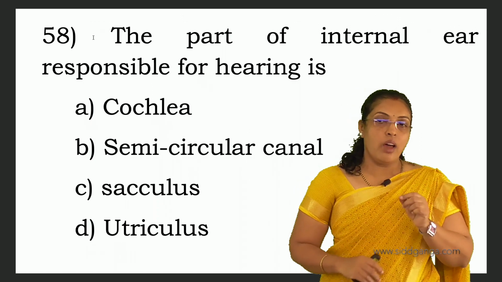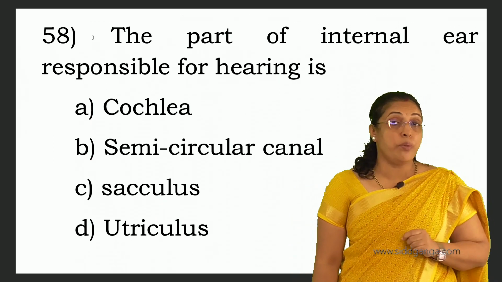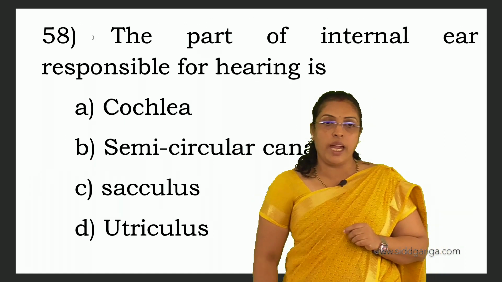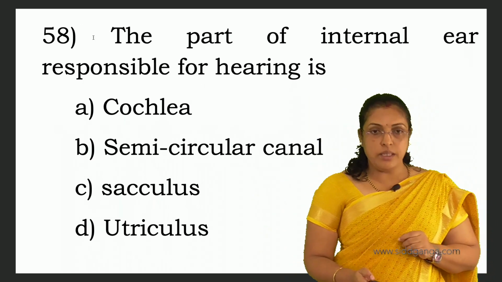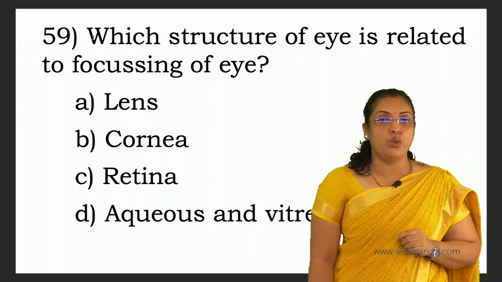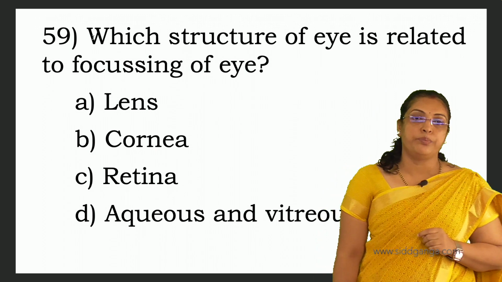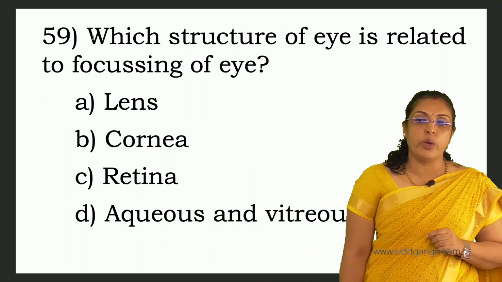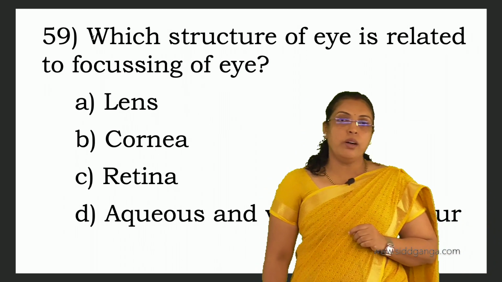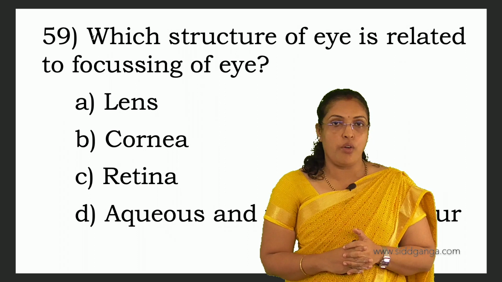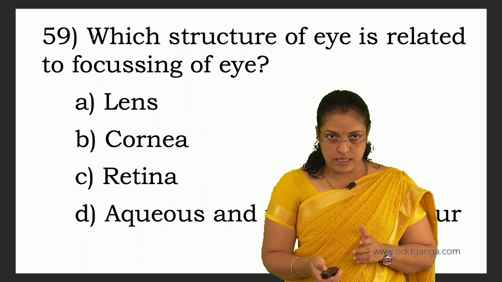They have asked which is responsible for hearing, so cochlea is the answer. For 58, A is the answer. Which structure of the eye is related to focusing of the eye? They are given lens, cornea, retina, aqueous and vitreous humor. The structure responsible for focusing of the eye is the lens.